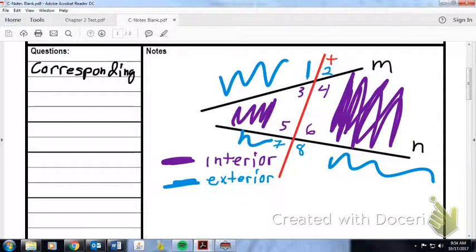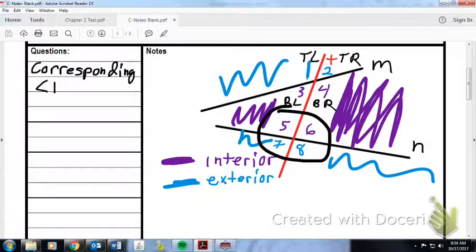And just so you guys know, same side, we're talking about left or right, and in similar positions. So if I were to label the positions of the intersection, I like to go top left, top right, bottom left, bottom right. Okay? So if I want to say what is the corresponding angle to number 1, I'm going to look down here at this intersection, because remember, I have to take one from each group. And I'm going to say number 1 corresponds to number 5.